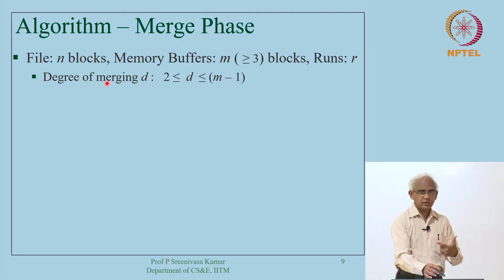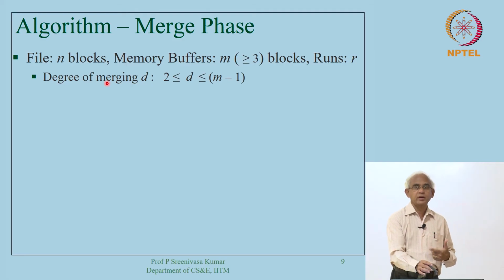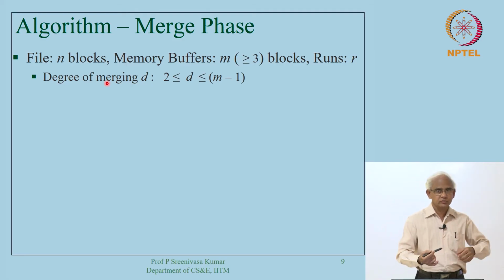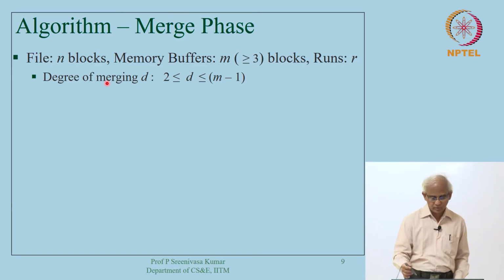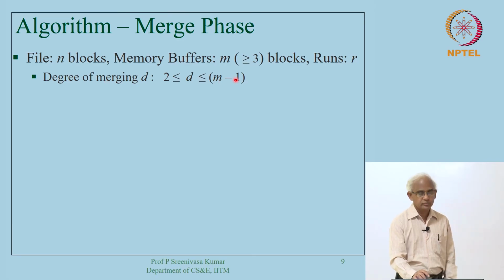But actually here we can do a D-way merging. I mean, the D will be at least 2, but can actually be a large number. What is that large number? It is m minus 1, where m is the number of memory buffer blocks that are available to us.